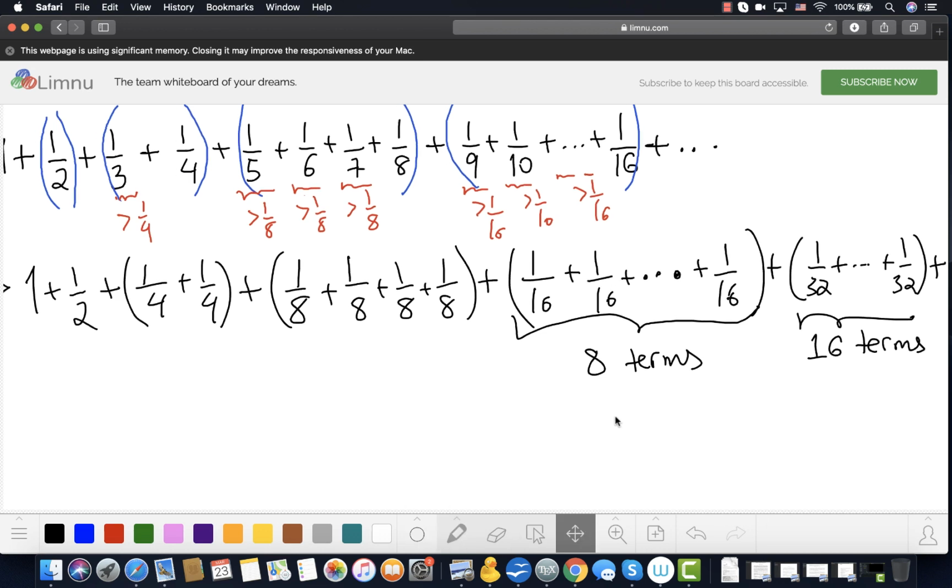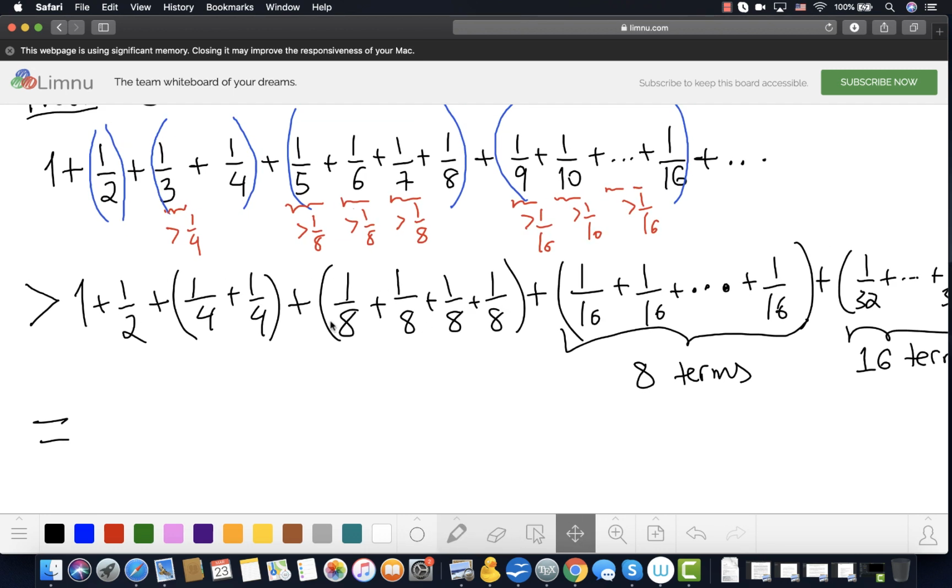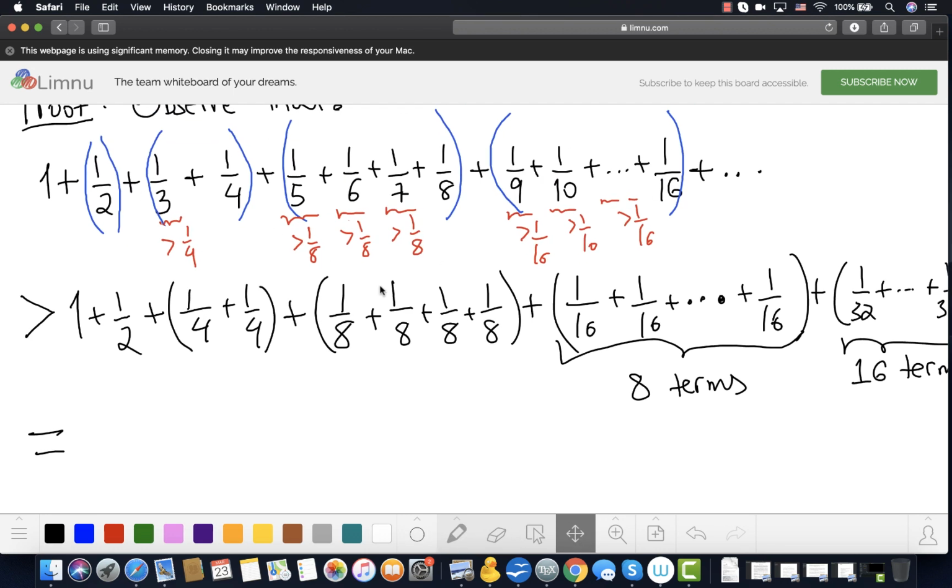Okay, so what's the punchline? Let's look at these quantities. The thing we were interested in was the harmonic series. I just showed that the harmonic series is bigger than this new series that we have. Well, what is this series? We have 1 plus a half. You have 2 divided by 4, because you have 2 copies of 1/4.